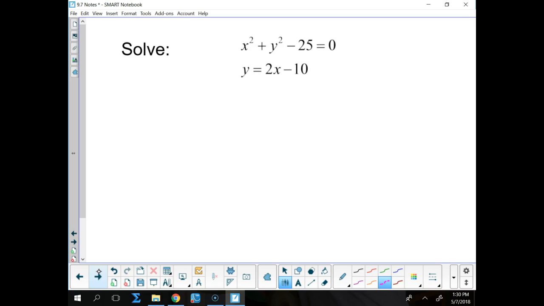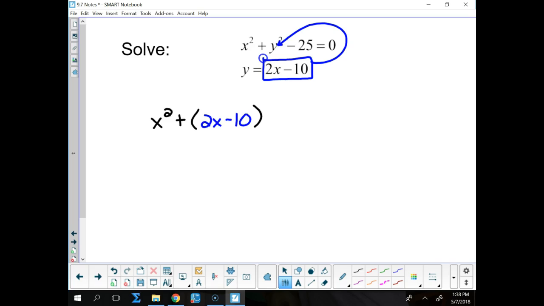You try it. Step number 1, solve for a variable. Done, right? Okay. Step number 2, plug that variable in the other equation. So that gives me x squared plus the quantity 2x minus 10 squared minus 25 equals 0.